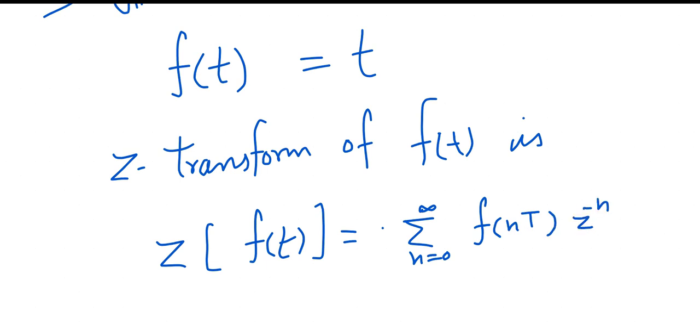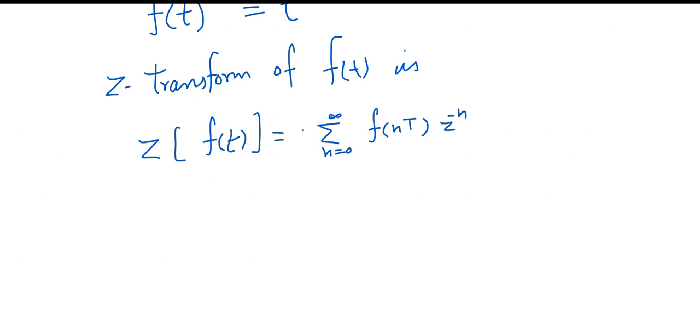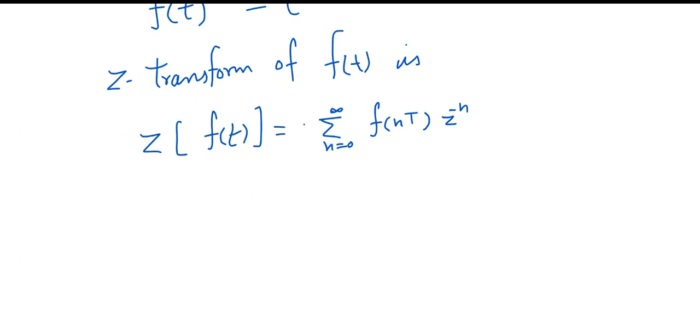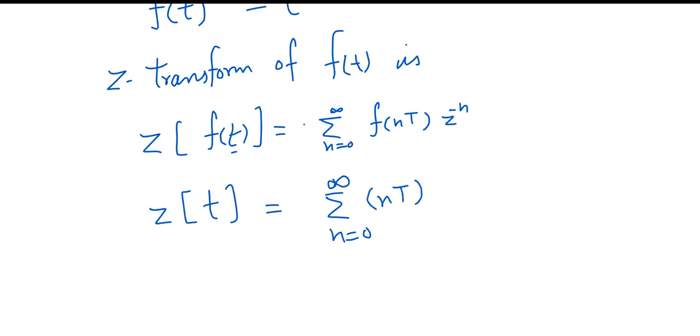Since we have t only, f(t) is equal to t, let us find the Z transform of t. It will be the summation from n equals 0 to infinity, and instead of small t, we use nT, okay? So similarly, we will use it here, into Z to the power minus n.